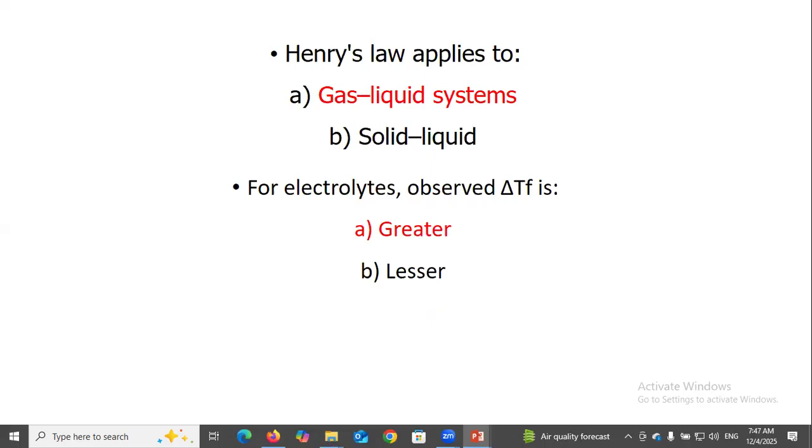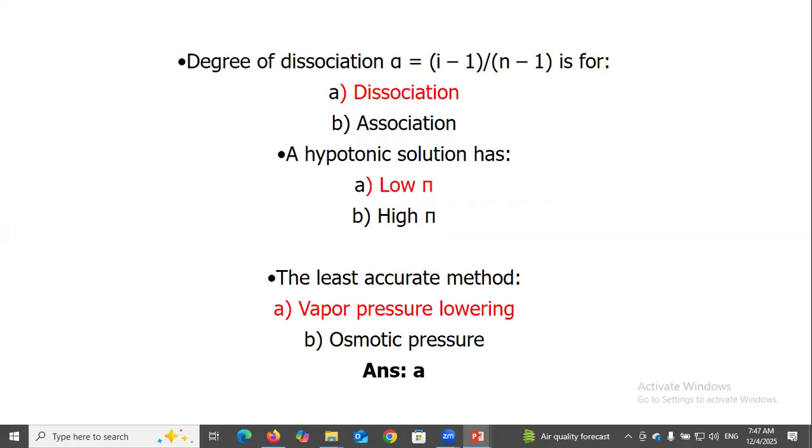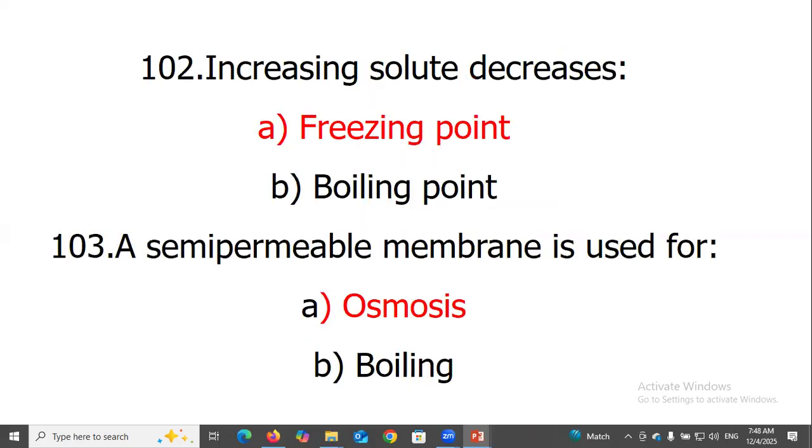For electrolytes, the observed delta Tf is greater, depending on the degree of dissociation. A hypotonic solution has low pi. The least accurate method is vapor pressure lowering. Increasing solute decreases the freezing point.